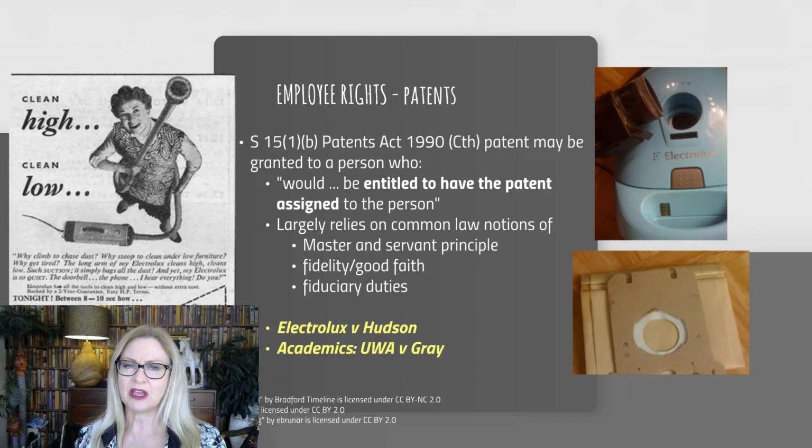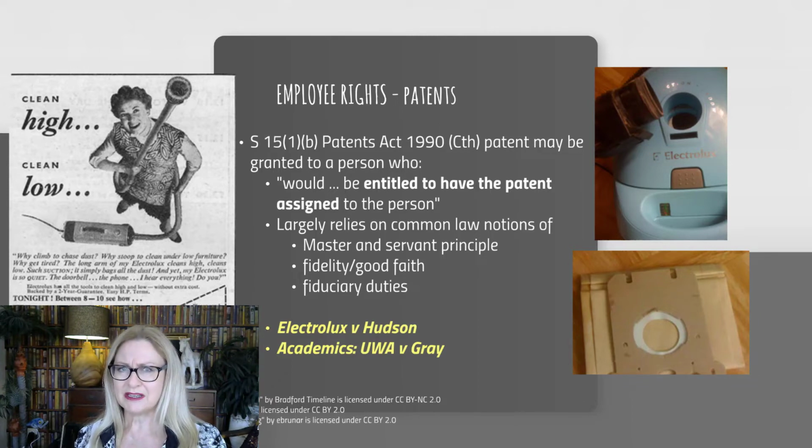And generally speaking, an employer at common law, where they've paid an employee to do something, and that results in an invention that's patentable, they will be subject to an implied term in their employment agreement to assign the benefit of the invention to their employer, or sometimes they hold the invention on trust for their employer.